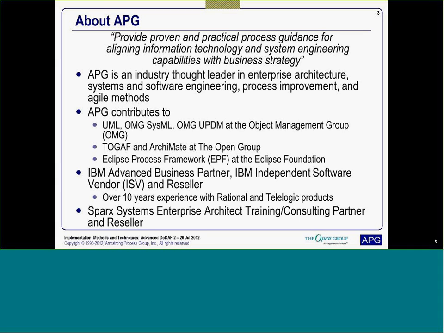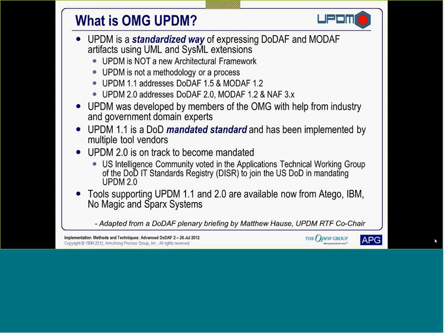We are partners with a number of tool vendors, including IBM Rational, as well as Sparx Systems and their Enterprise Architect tool. I think with that, I'll hand it over to JD to take the majority of the rest of the presentation talking about UPDM. So please welcome JD Baker.